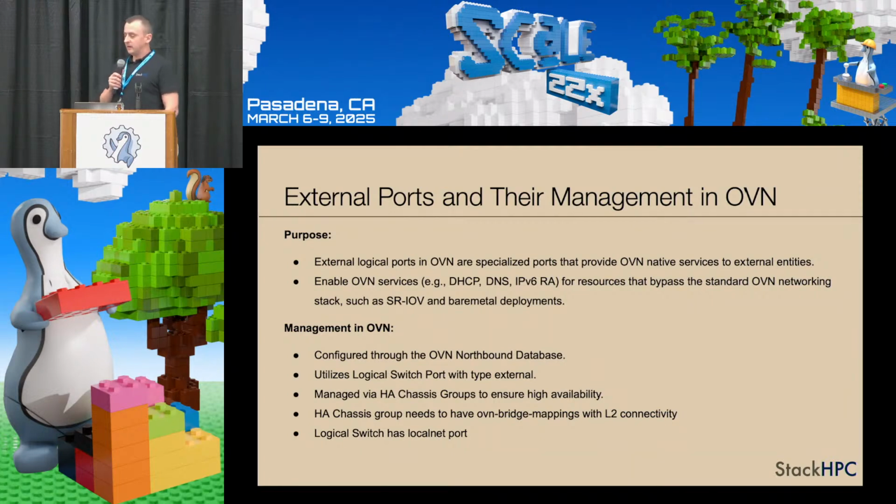External ports are what interest us the most in this presentation, because they are a representation within OVN for external entities like bare metals, which are needed for the OpenStack Ironic project here, and SR-IOV network interfaces of virtual machines.